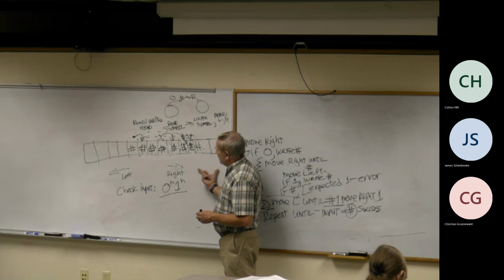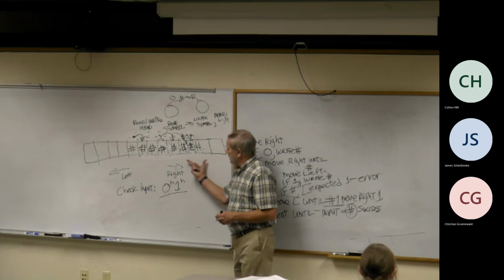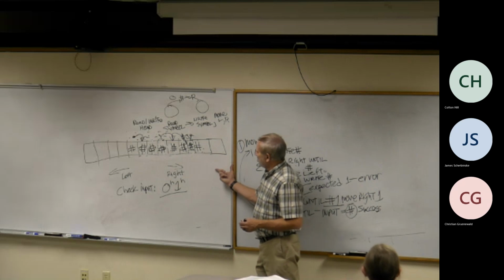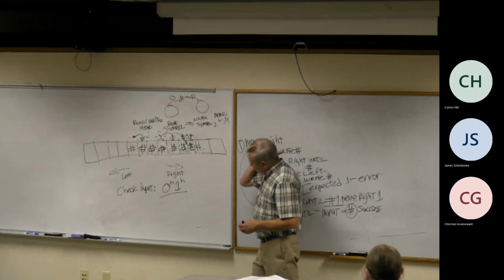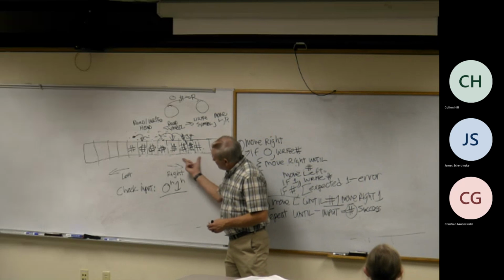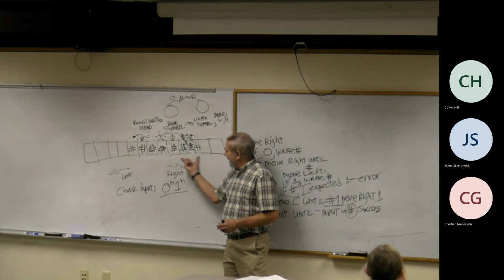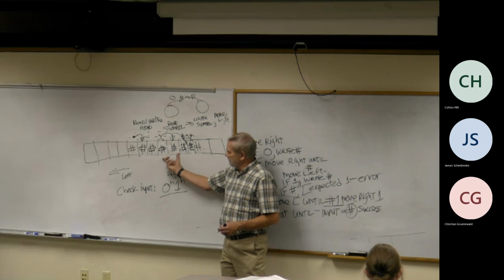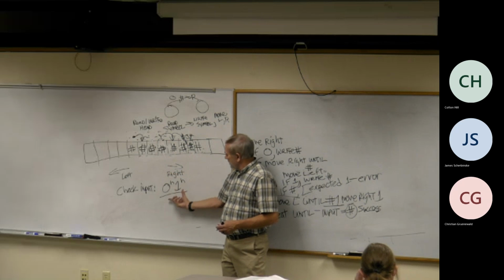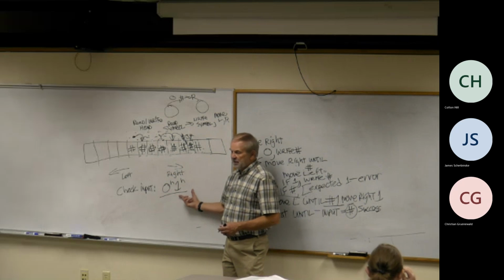You give me the input, tell me what I'm going to check for, what the operation is, and I can come up with a way to have the tape maneuver back and forth until I can tell whether, in this case, it had an equal number of 1s and 0s.